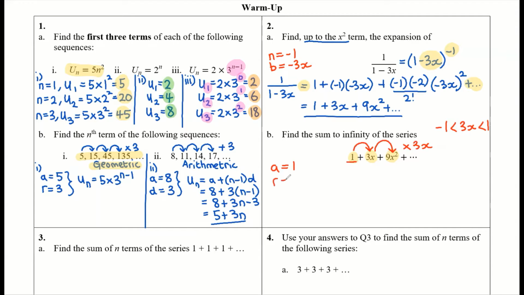And the common ratio we can see is 3x. And we know that the sum to infinity is A over 1 subtract R, which is 1 over 1 subtract 3x. And we get exactly the same as what we saw in the previous part of the question. So it all fits together really nicely.